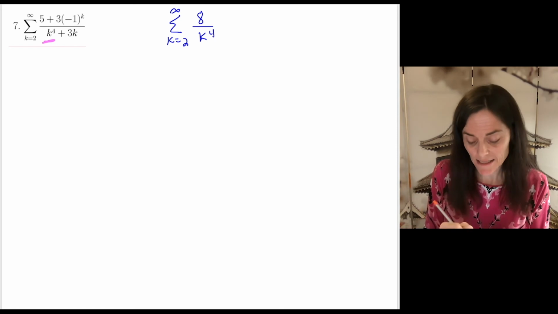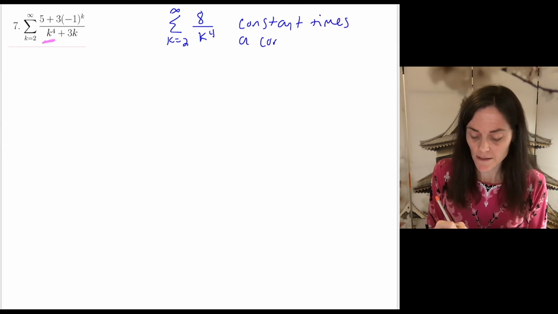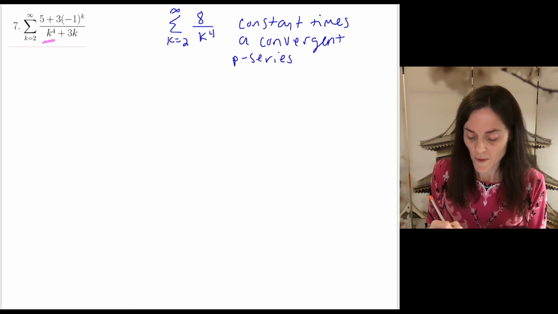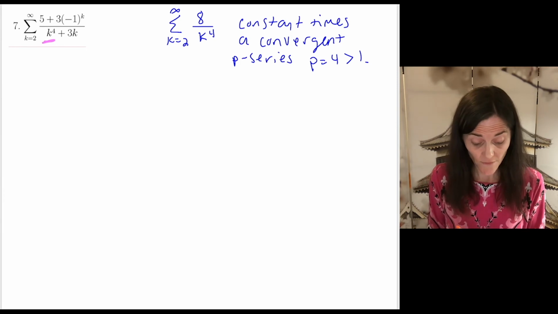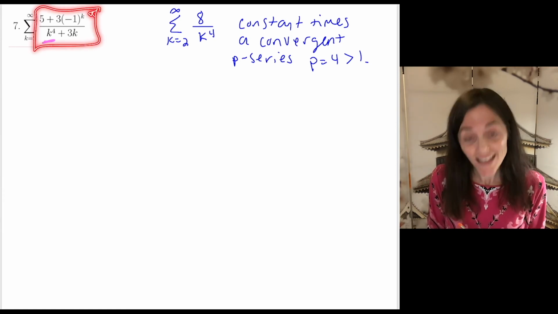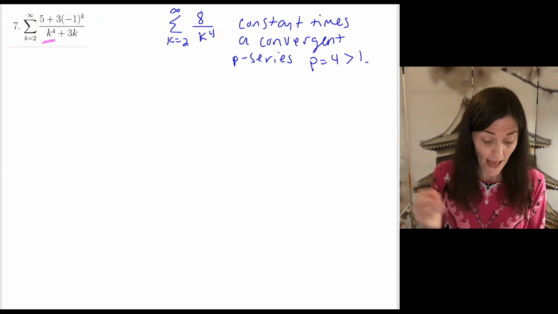This series is a constant times a convergent p-series where p equals 4, bigger than 1, okay? So to use comparison, I need to justify that these terms are less than or equal to 8 over k to the 4th. And this happens. We in fact do have this.